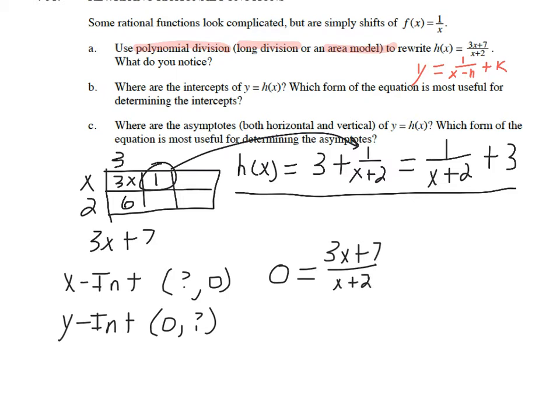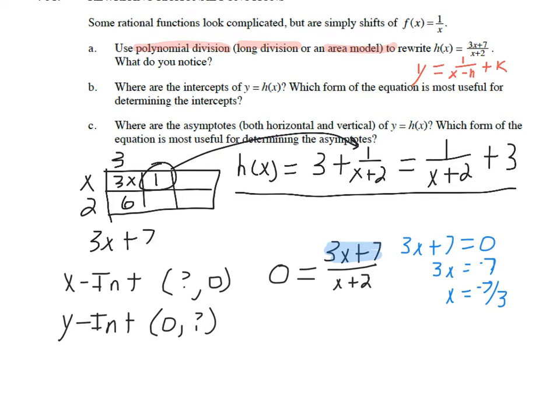Now in order for a rational expression to equal 0, the numerator has to equal 0. So I'm going to take 3x plus 7, set that equal to 0, and solve for x. Subtract 7, divide by 3, and I get x equaling negative 7/3.